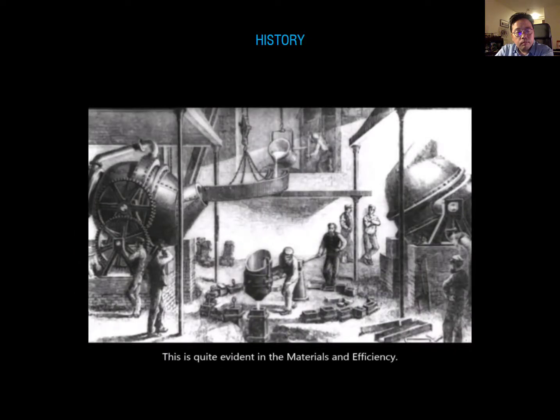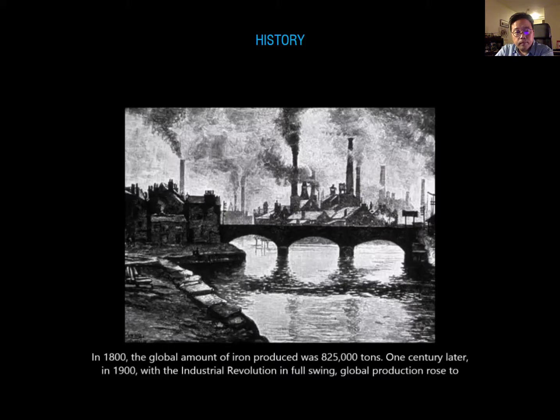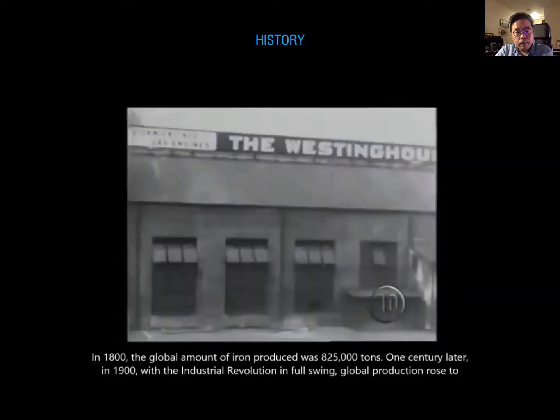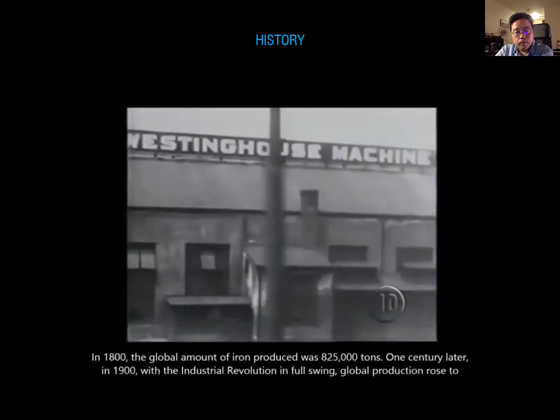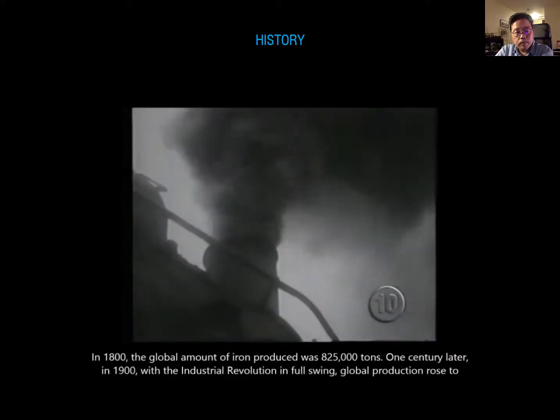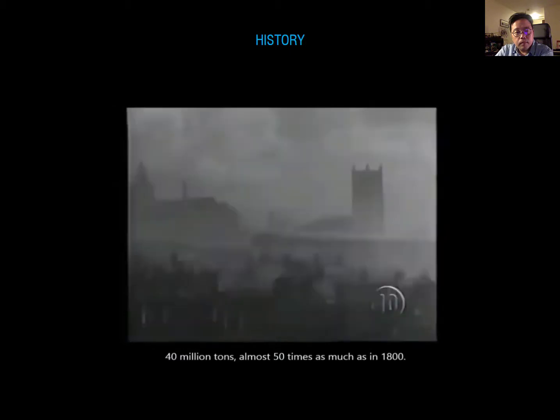This is quite evident in materials and efficiency. In 1800, the global amount of iron produced was 825,000 tons. 1 century later, in 1900, with the Industrial Revolution in full swing, the global production rose to 40 million tons, almost 50 times as much as in 1800.